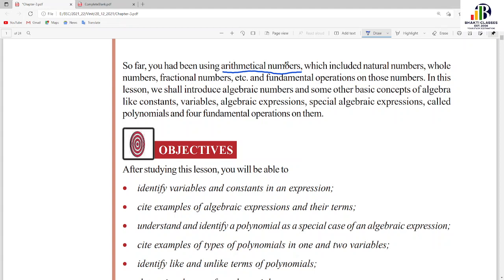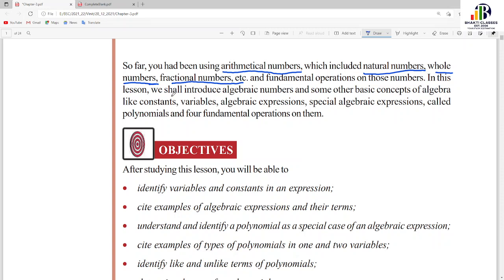These arithmetical numbers include natural numbers, whole numbers, fractional numbers, etc. And we have also learned the fundamental operations on these numbers.